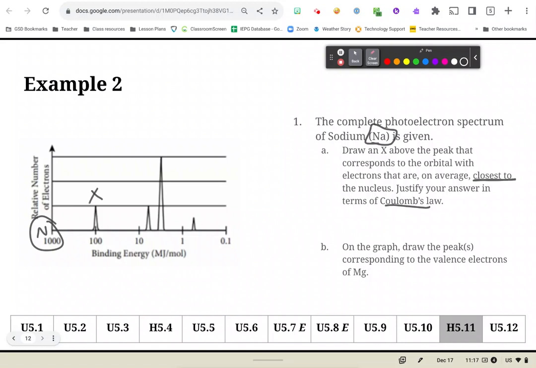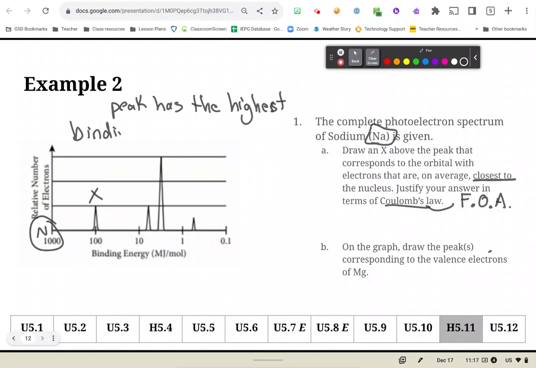Now we have to explain why using Coulomb's law. And if Coulomb's law is involved, you've got to talk about the force of attraction, or what you can sometimes refer to as the FOA. If you're a band person, you're used to BOA. That's Bands of America. So how do I know that peak is the closest one? The peak has the highest binding energy. I'm starting with just the evidence from the graph.